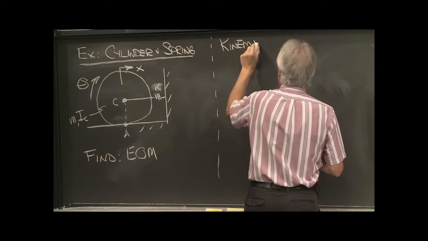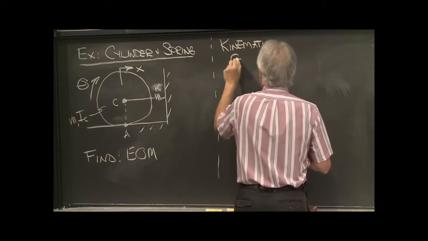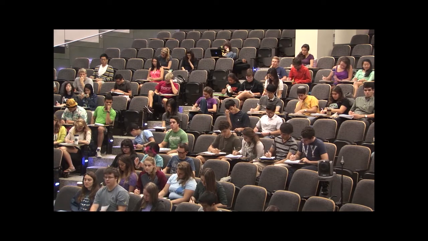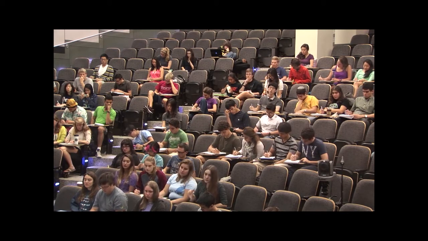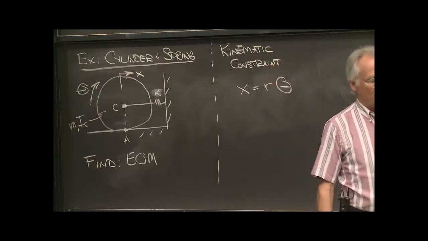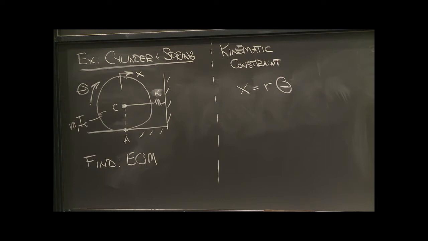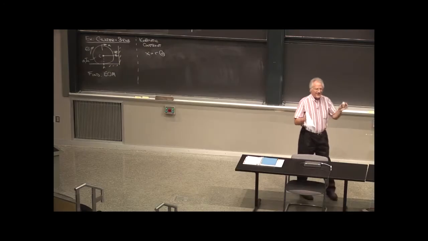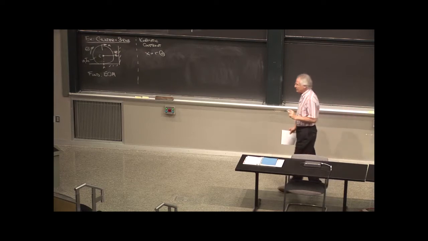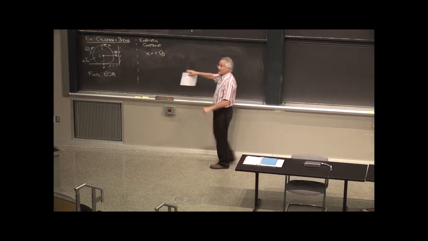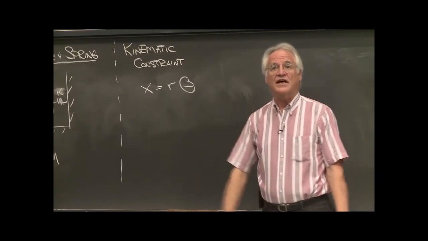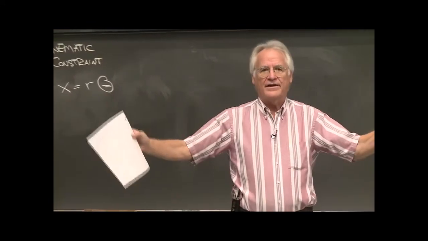This is not necessarily the order, but to me, I don't want to sound like a broken record or harp on this, but kinematic constraints are really important. You have to be able to spot them, and you have to be able to quantify them with expressions like this. If you don't, you're going to get the wrong answer.